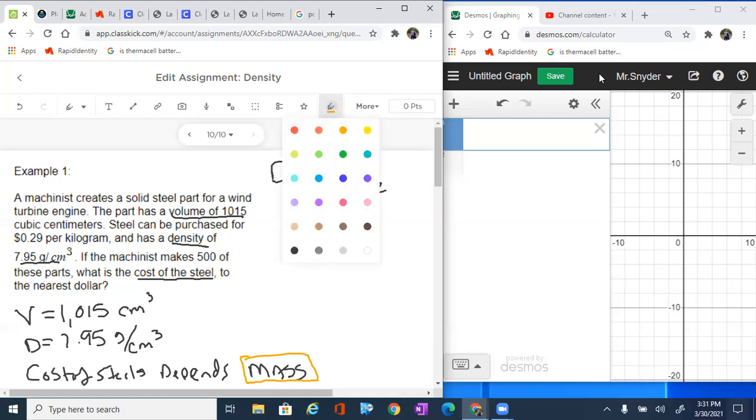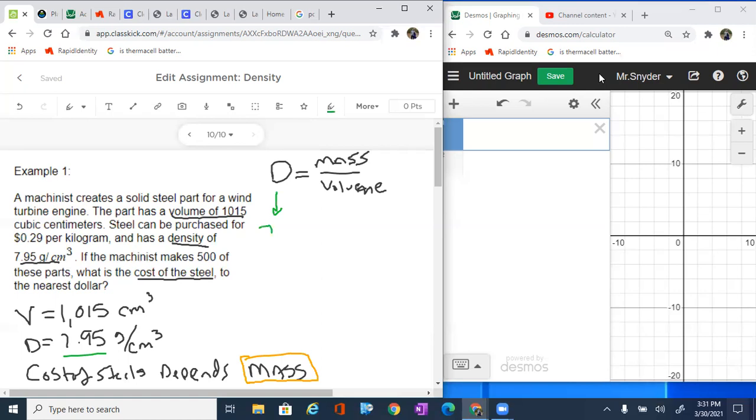I'm going to go ahead and fill in a few things because we know that the density is 7.95. Okay. We know that the mass is what we're looking for. And we know that the volume is 1,015. So how do we solve this? Well, what am I going to do? I'm going to multiply by 1,015.